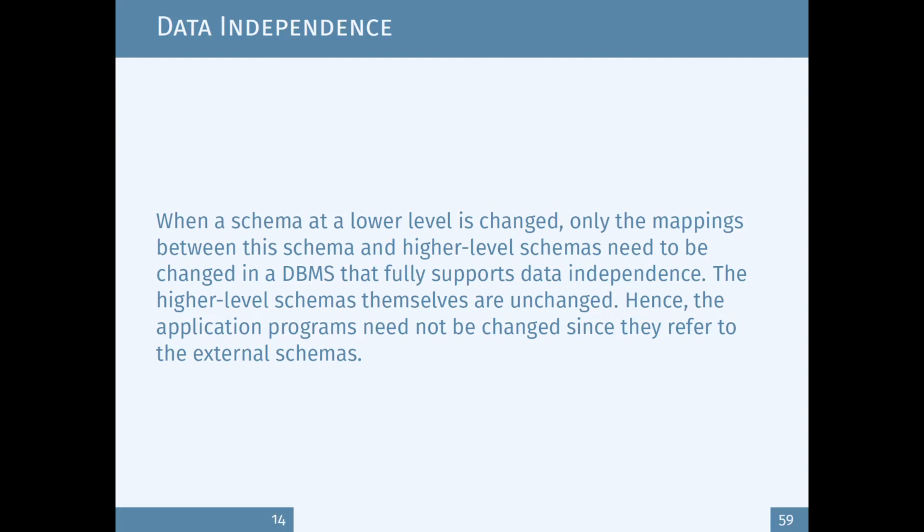Therefore, if you change something about the data, it will not affect the application programs. Why? Because application programs usually refer to external schemas. So that means you can work on changing anything in the database without affecting any programs which use the data, which is called data independence.